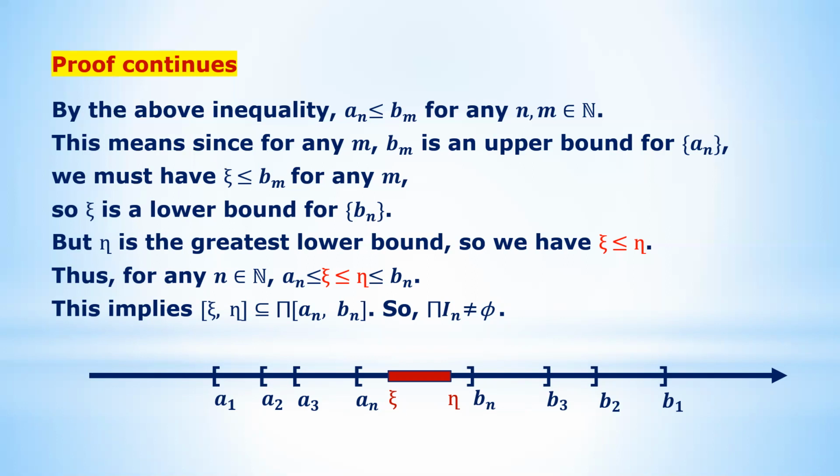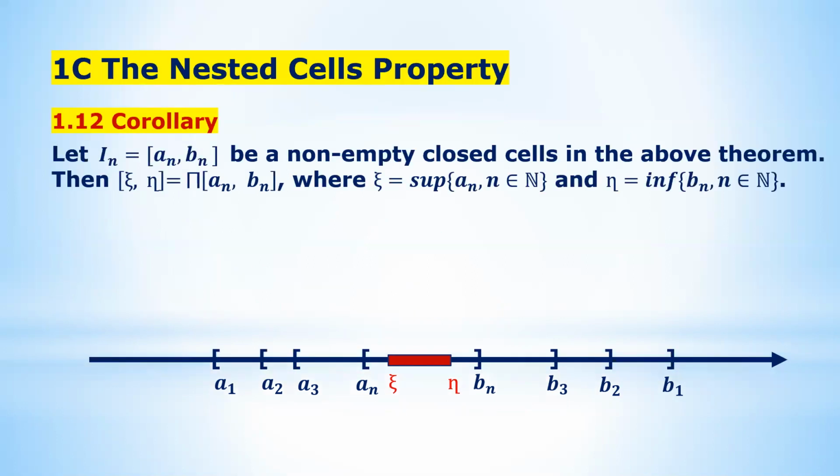But we want to learn more. We want to understand more. So what is exactly the relation between this interval C to eta and the intersection? Actually, what we can show is that C to eta is not just contained in this intersection, but this interval is exactly equal to this intersection.